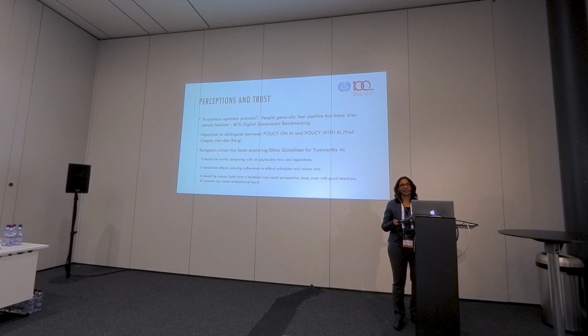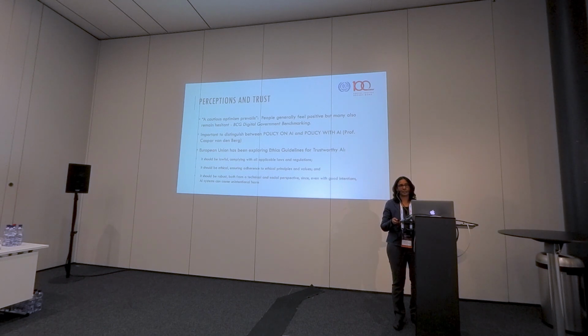But it's very important to distinguish between policy on AI and policy with AI. We are not here to say that AI can do everything, but we should think about what policies we could develop where AI could help humans in making certain decisions and not leave the entire process to AI.